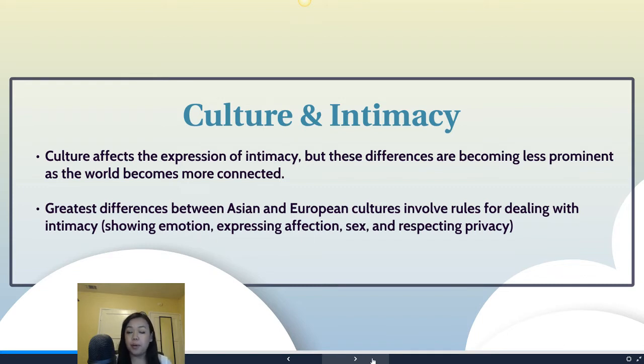So for example, when I was in Japan, I was discussing the idea of intimacy and love with one of my colleagues, and she told me that it is very, very rare for Japanese individuals to tell one another, I love you. Her grandparents had been married for almost 60 years, she said, and not once had they ever said, I love you to each other until they were literally on their deathbed, both about to pass away.